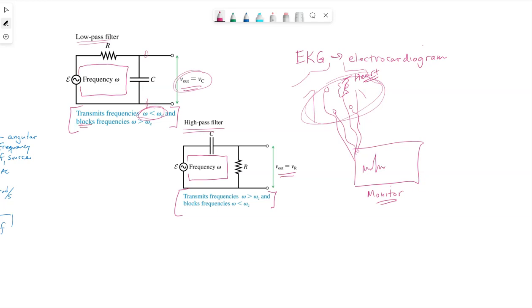Transmit means lets through. They will block frequencies, they will not let through frequencies, that are greater than the crossover. And then the high pass is just opposite. It lets through higher frequencies and blocks lower frequencies.